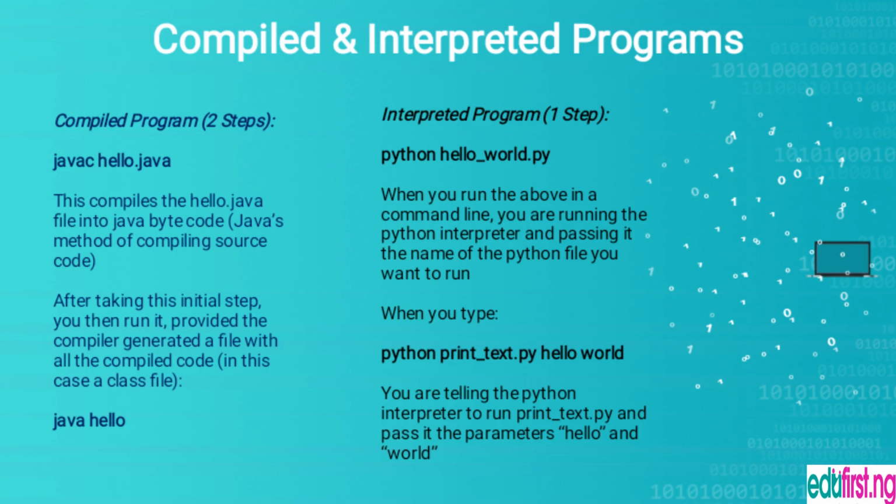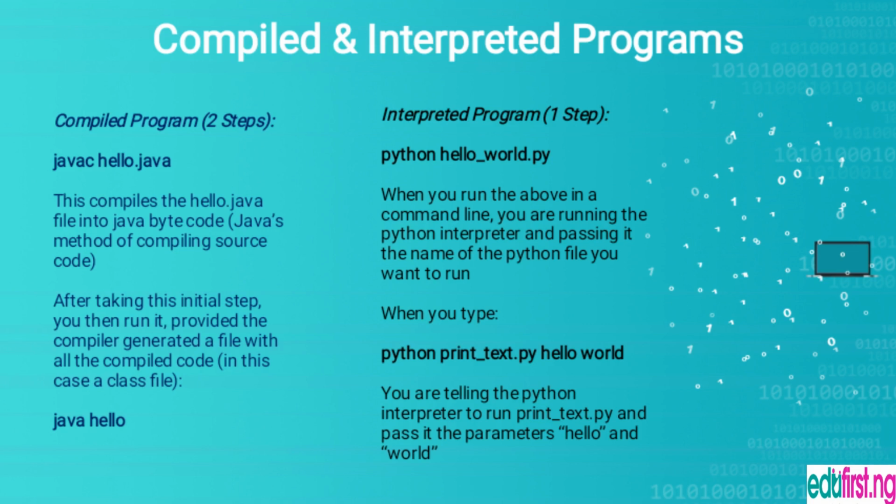Now, we're going to look at an example of an interpreted program. Interpreted programs involve only one step, and we're using the Python programming language for this example. We can type python hello_word.py.